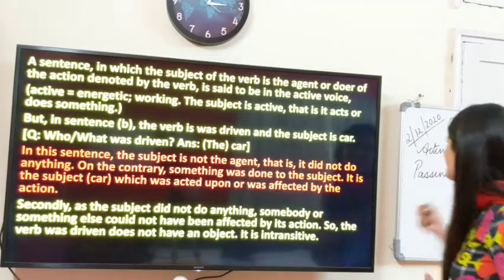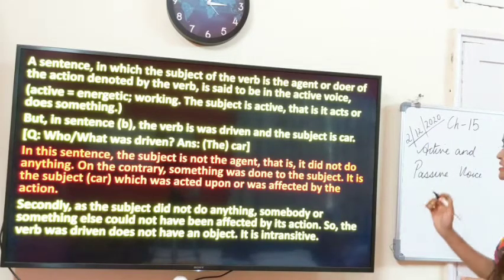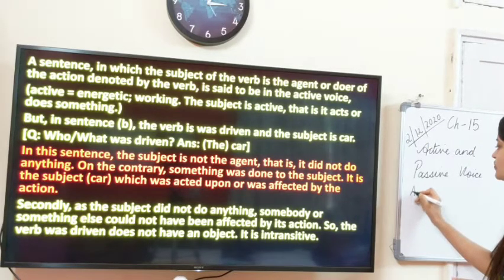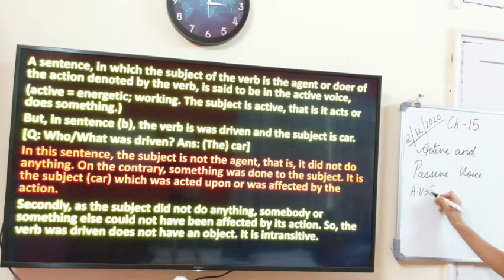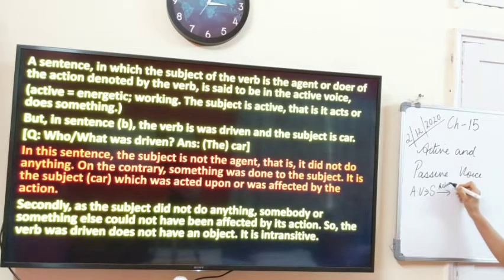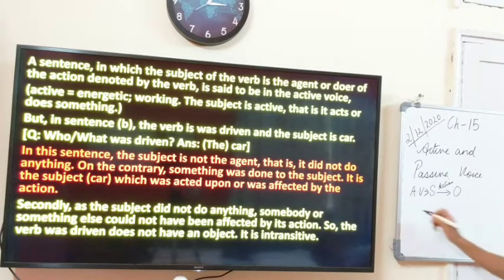I'll explain once over here, children. Please look at it carefully. In active voice, the subject is there, children. S for subject. He is doing something. Okay, he is doing an action. And the action is passed to an object. But in passive voice, children, the subject is there, but the subject is not doing an action.